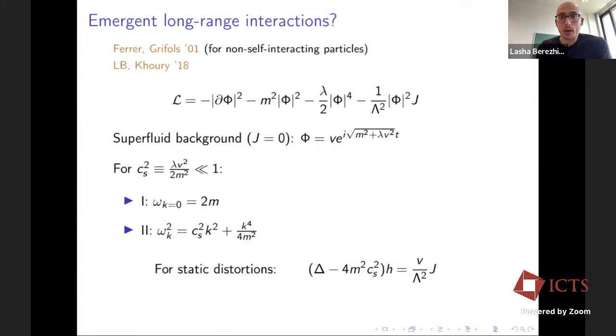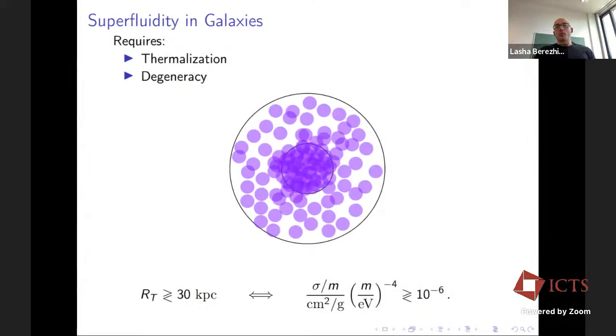Okay. Now, so far we just discussed the long-range interactions, but we have to form the superfluid. So how can one form a superfluid in the galaxy? We can begin with a standard NFW distribution of these massive particles and ask the question.